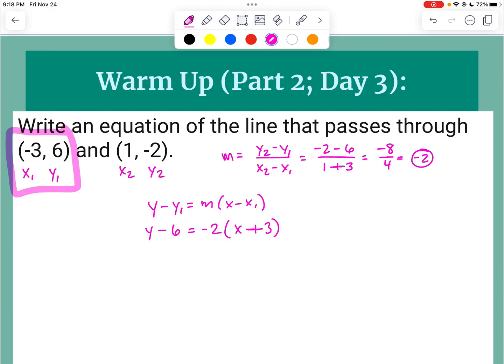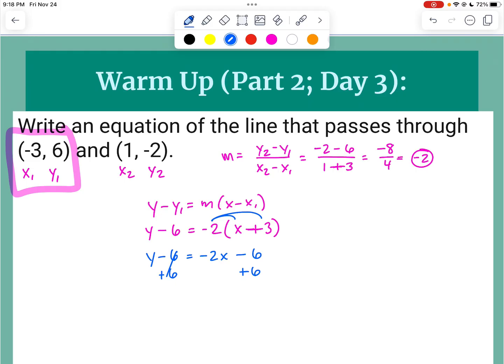All right. Now at this point, I have an equation. If that's all the question asks for, then you're done. But I said I want you guys to write this in slope-intercept form. So our 2 steps, I'm going to distribute. So y minus 6 equals -2x minus 6. -2 times 3 is -6. And then I want to get rid of the constant with y to get y by itself.